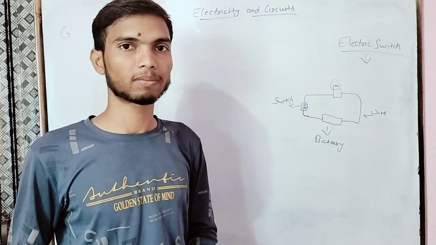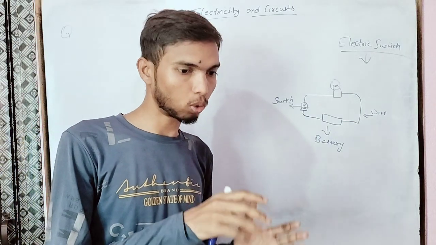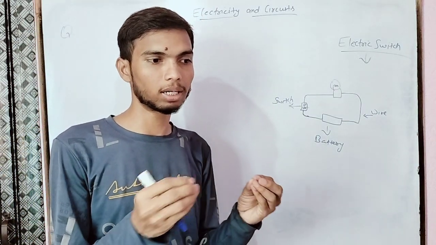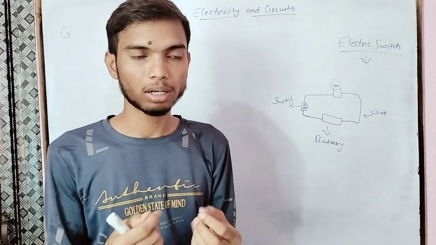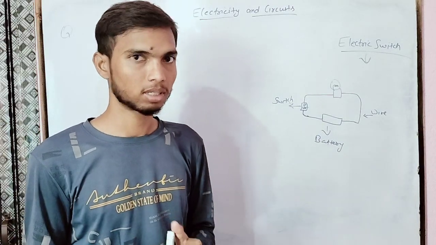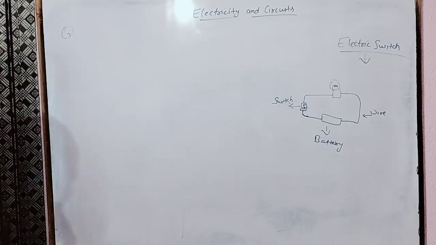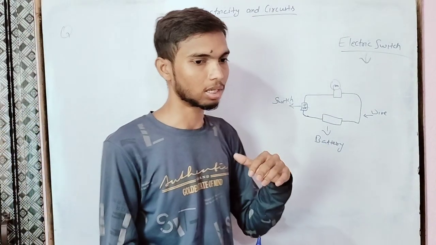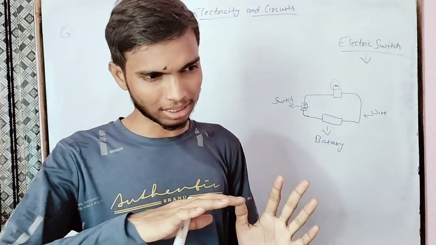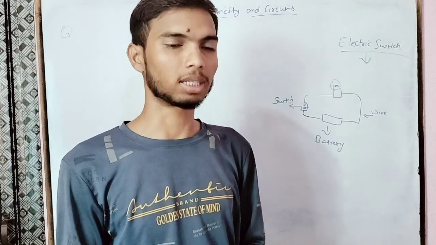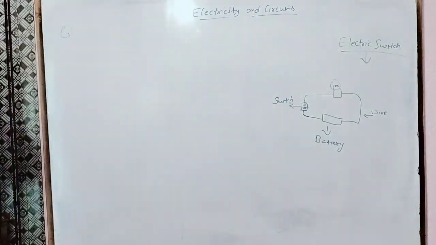This will break, inside it, and it will complete a broken circuit inside the switch. Okay, that's how it breaks the closed circuit. That's how it completes the broken circuit. That's all.